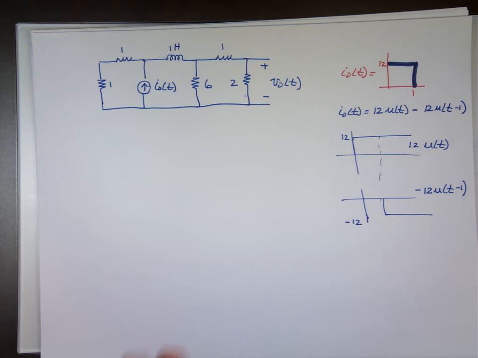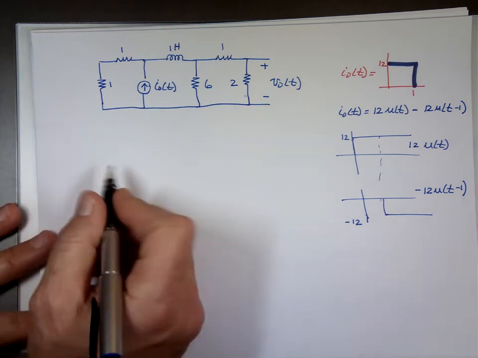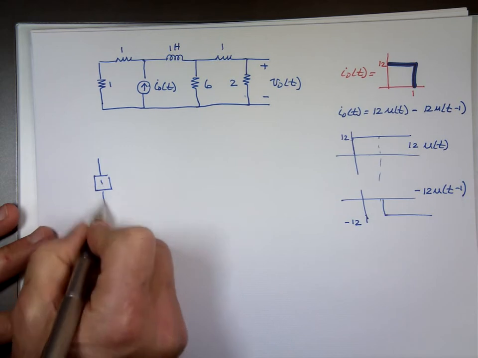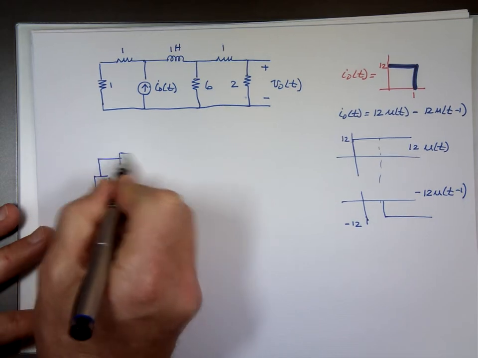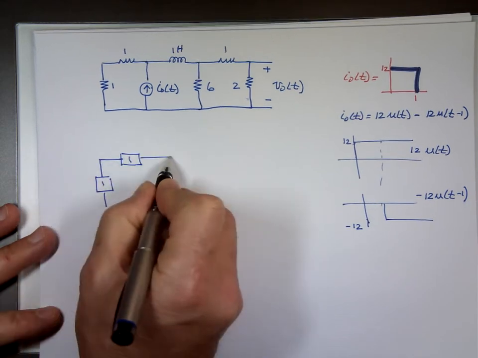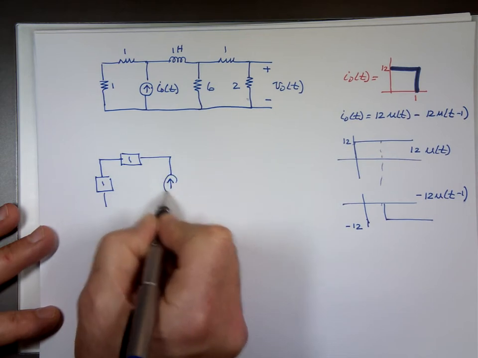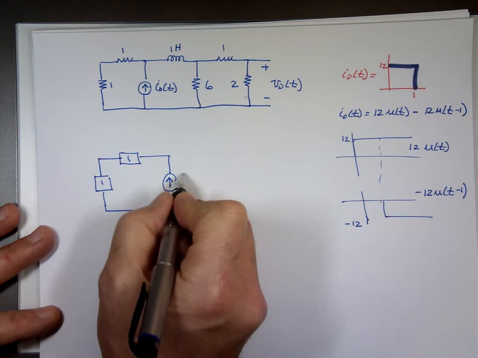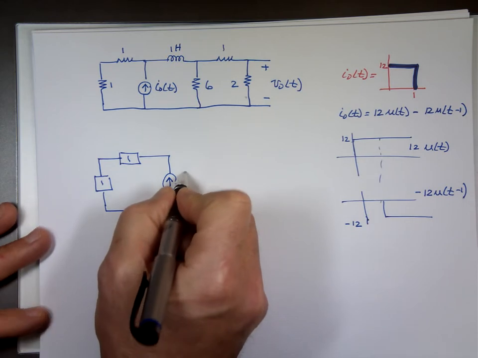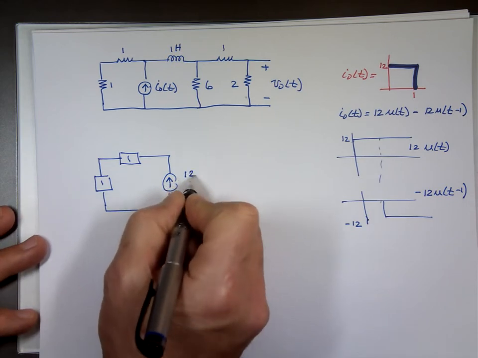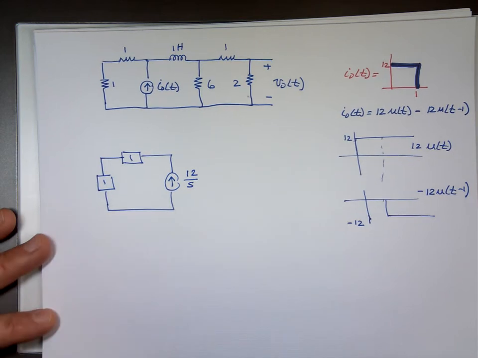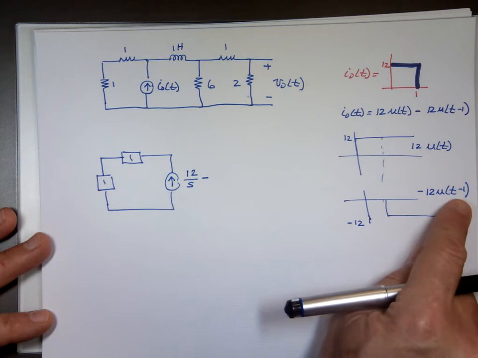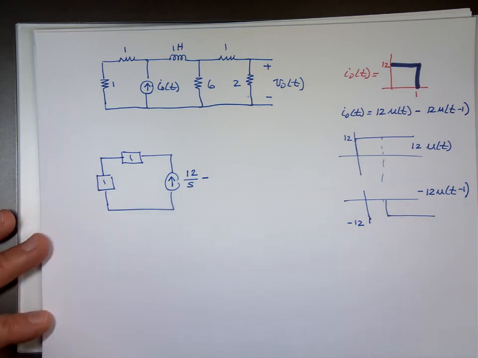So let's change everything to the S domain. This is 1. I'll just put a 1. The resistor stays the same. What's the Laplace of 12 u sub t? 12 over S. Minus, what's the Laplace of 12 u sub t minus 1? There's a shift here.